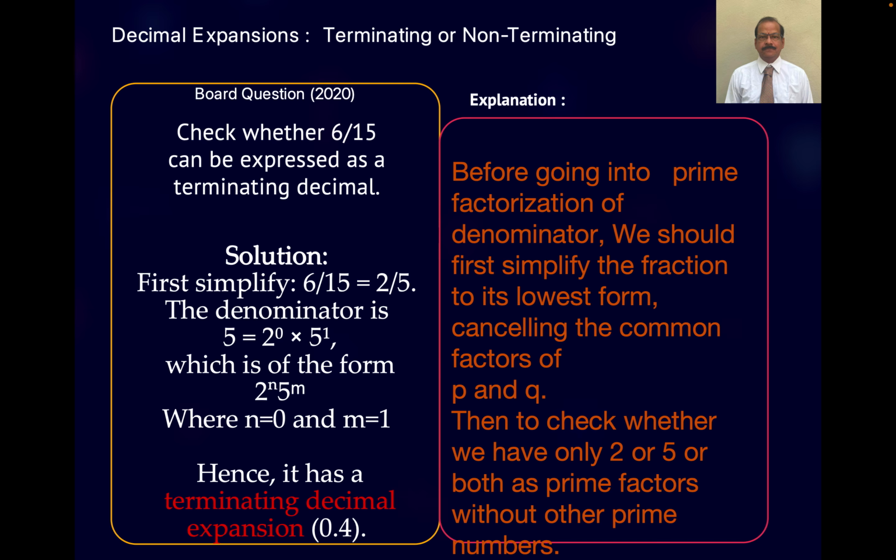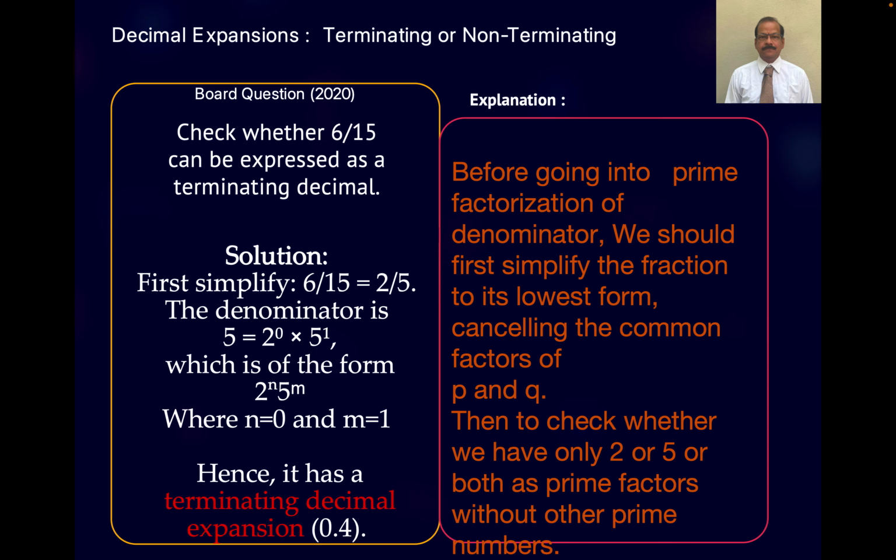Next question, 2020 board question. Here, 6 by 15 is the question. Whether it's terminating or non-terminating is the question asked. 6 by 15, of course, has 3 as a common factor.